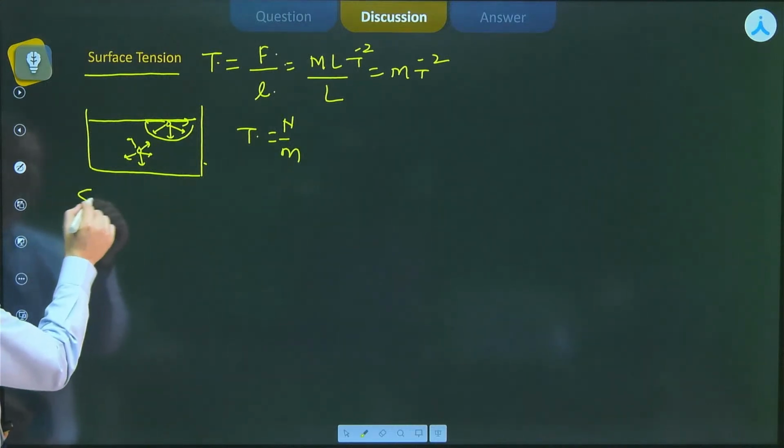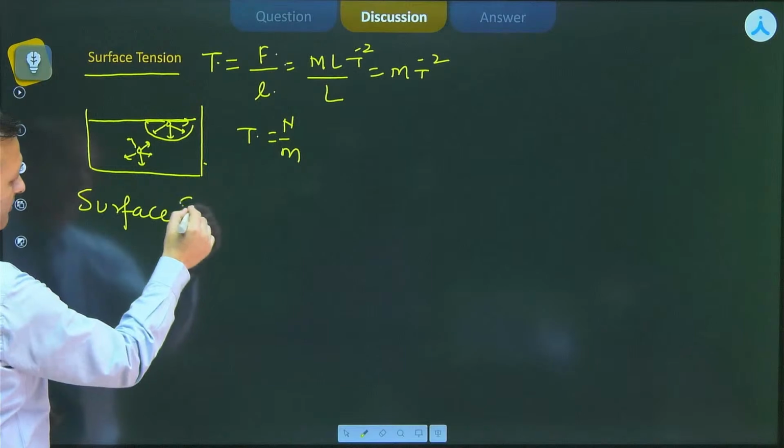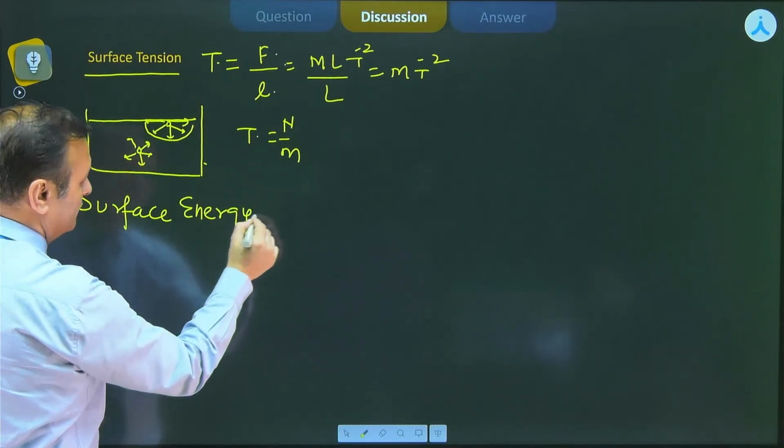Numerically, surface tension is the same as surface energy.